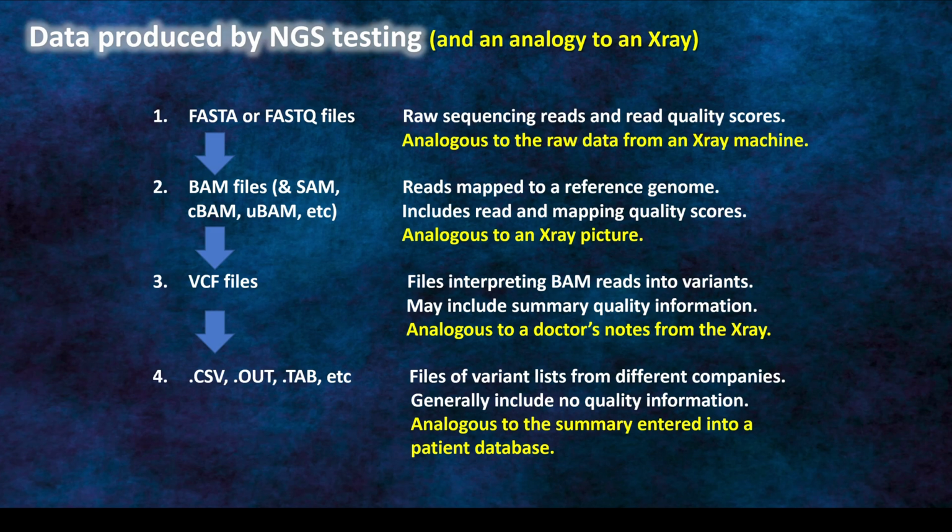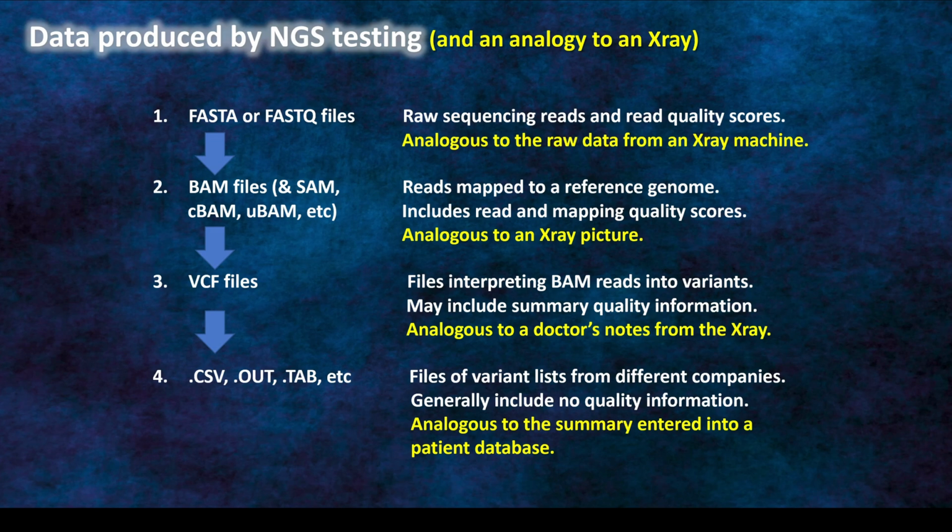All of these will give you summary information about your test that may include SNPs. It may include a lot of different information, again, that's often also in the VCF file, in formats that are easier for you to read or to analyze, but they don't give you as much information typically, certainly not as much as the BAM file, but often not even as much as the VCF file.